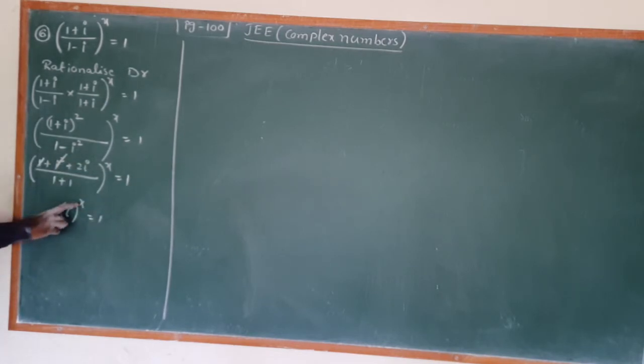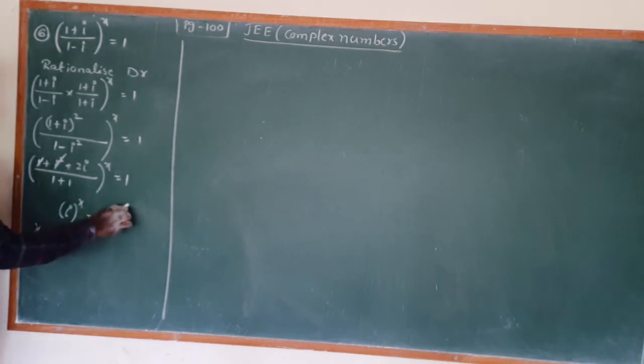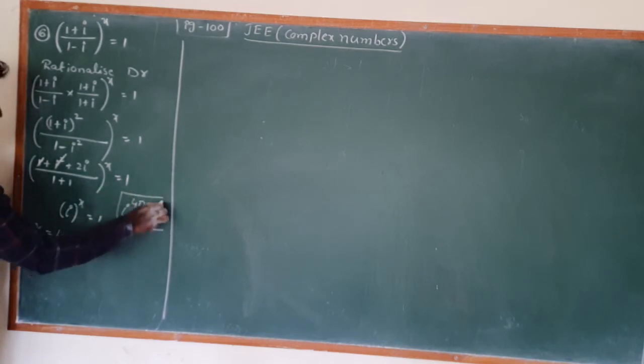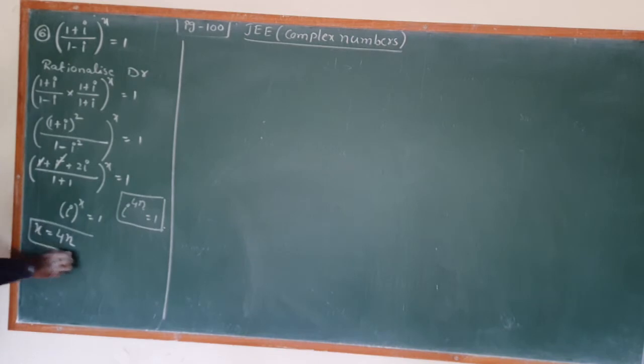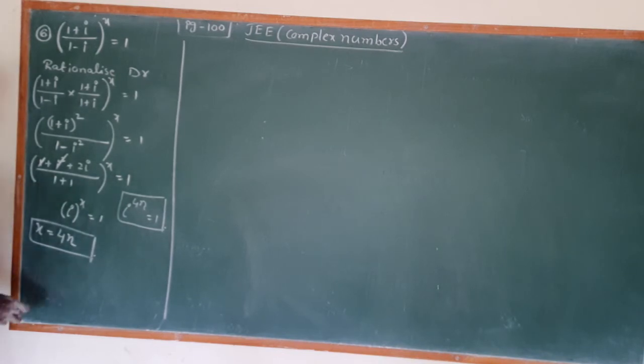In place of x, which value if you take, answer will be 1? x is nothing but multiple of 4. Because i power 4n value is always equal to 1, therefore the answer is x equals to 4n, that is nothing but option 2.